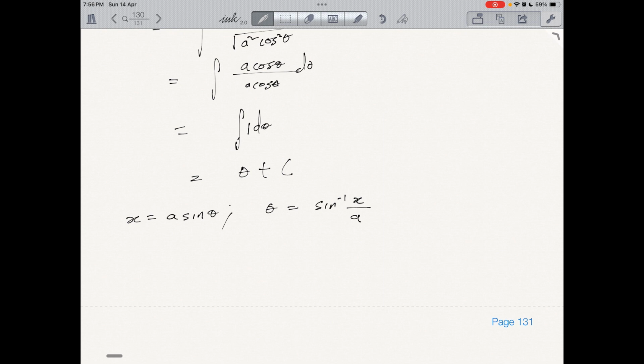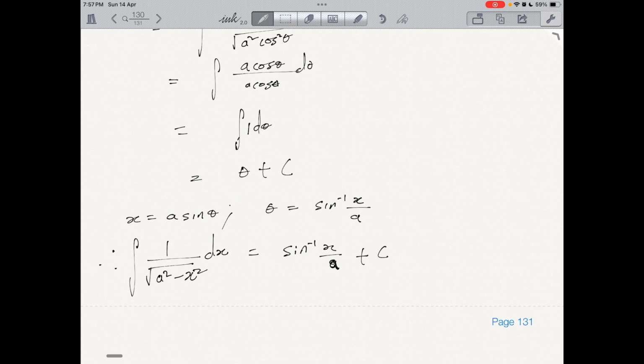Therefore, integral of 1 over square root of a squared minus x squared dx is equal to arc sine x over a plus c. Now, understanding this principle will help us in solving questions in this manner.